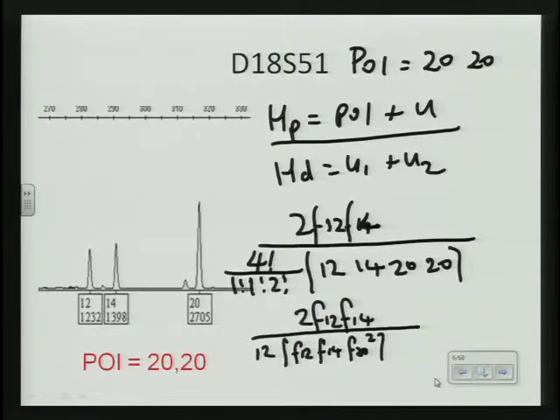We okay with that? Which goes to 1 over 6 F20 squared.